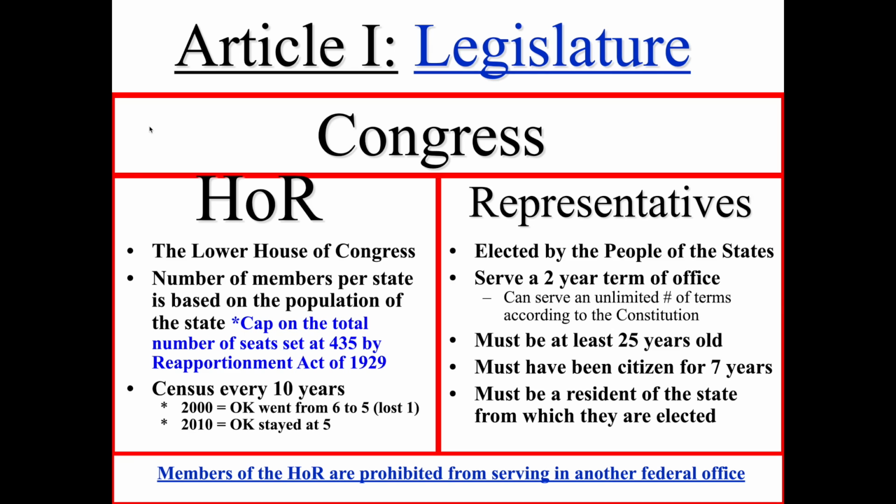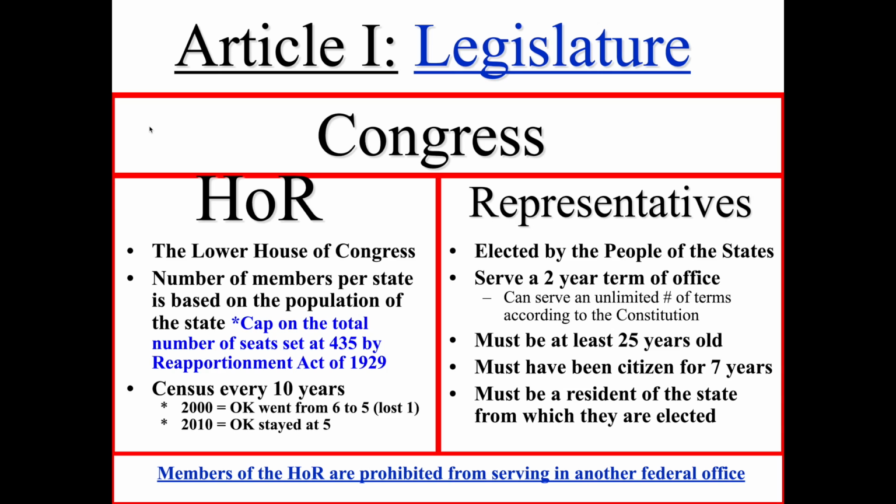This was a part of the Connecticut Compromise, wherein the Senate gets two members from every state, and then according to the census, each state gets so many according to their population. And our current House of Representatives is capped at 435 members because of the Reapportionment Act of 1929. That's a big body.